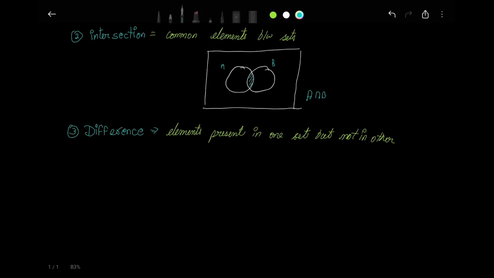It is represented by A minus B. For example, I have this set A and B. Then A minus B means this area.